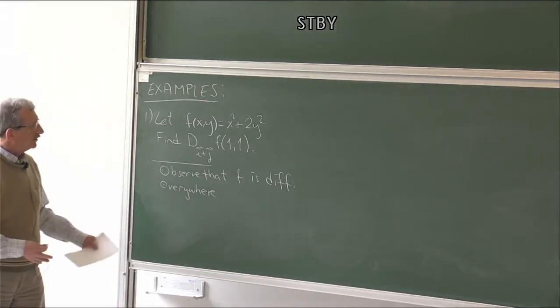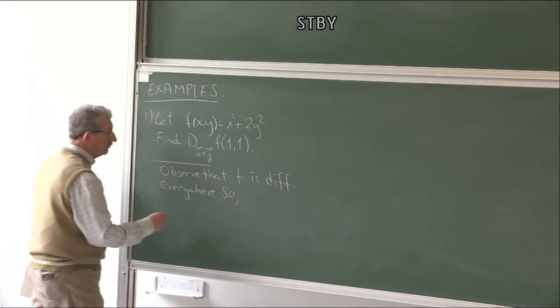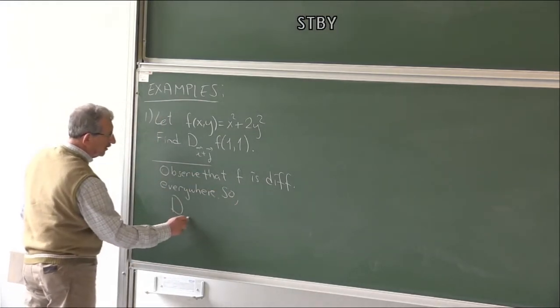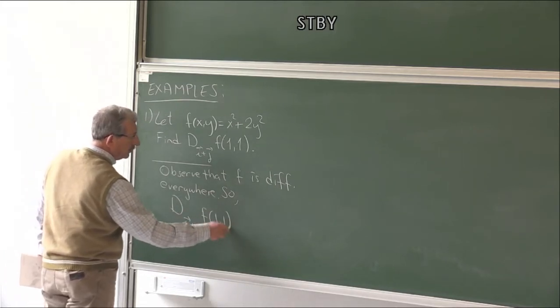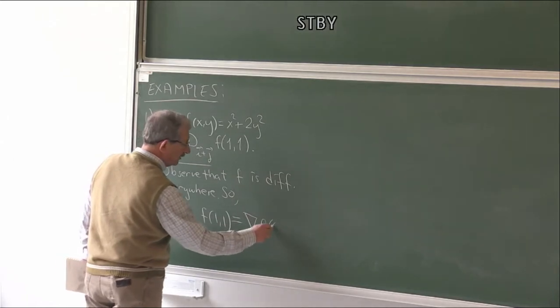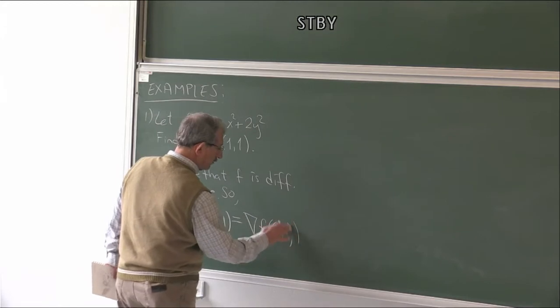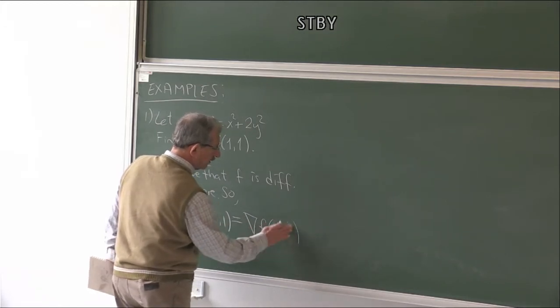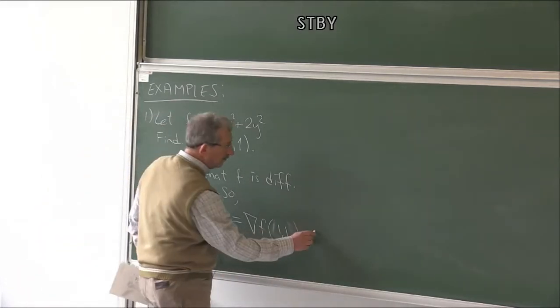By the fundamental lemma, we get this. So, very simply then, the directional derivative in the direction i plus j of f at (1, 1) is nothing but the gradient of f at (1, 1), just this, dot i plus j.